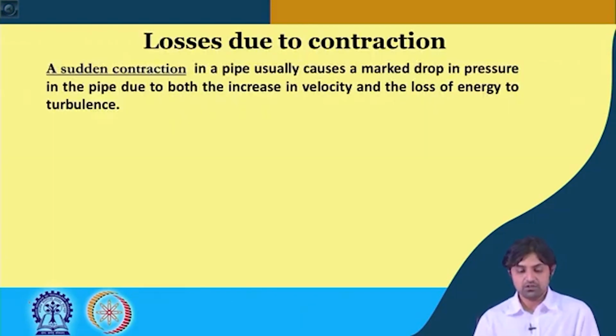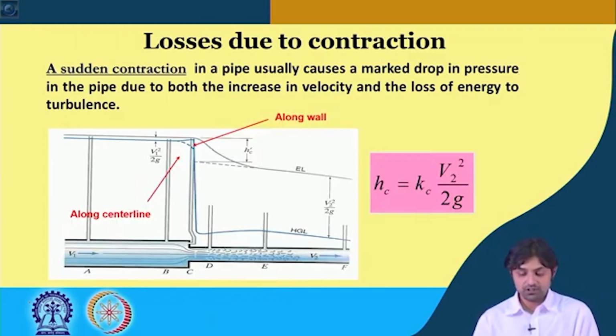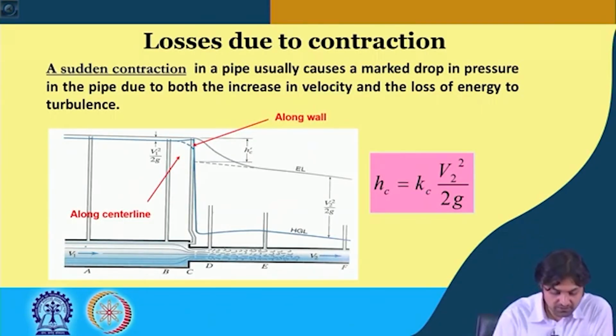Now let us see the loss due to contraction. A sudden contraction in a pipe usually causes a marked drop in pressure in the pipe due to both the increase in velocity and loss of energy due to turbulence. That is a well established fact, correct. So you see there is a fluid coming with velocity V1, and after the sudden contraction, the velocity changes to V2.